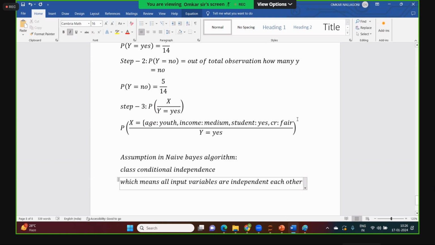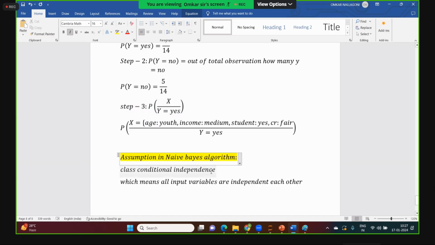Now you are combining all of these, but all are independent of each other. If you want to use Naive Bayes, that is the assumption only. There is no debate in that.